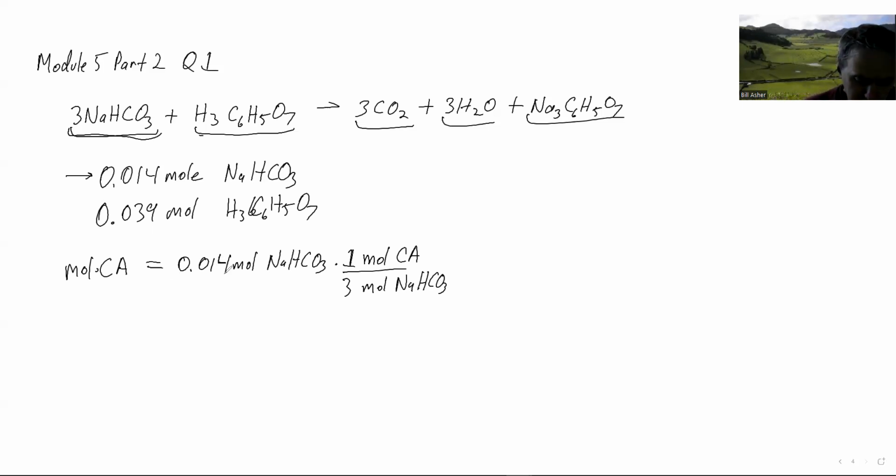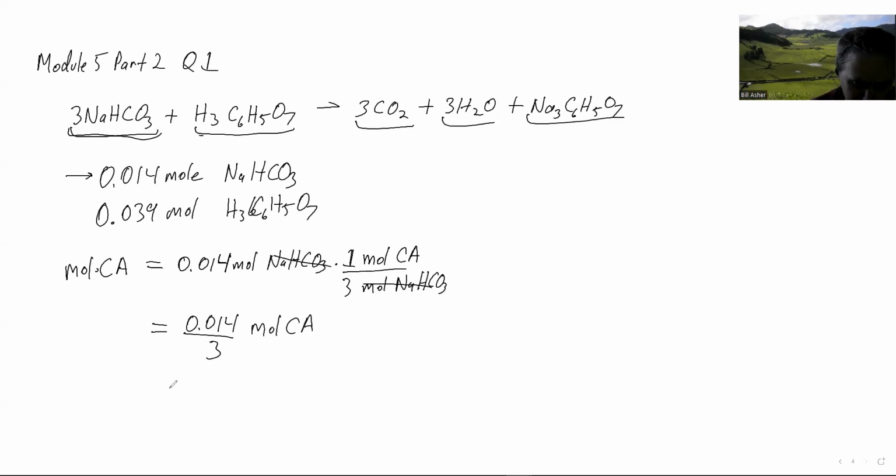So 0.014 divided by 3, and now moles of bicarbonate cancel out, and leaves us with moles of citric acid.